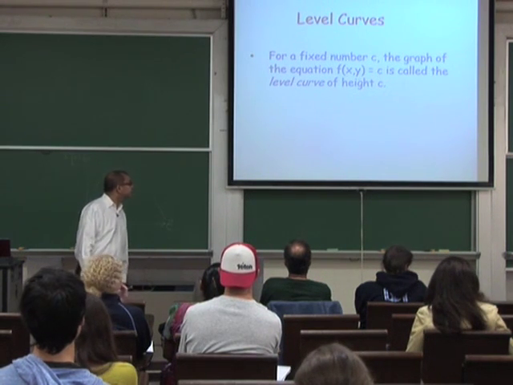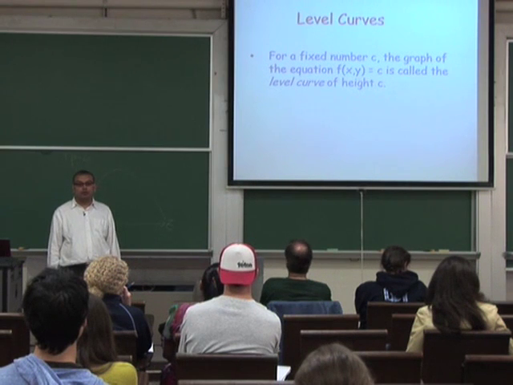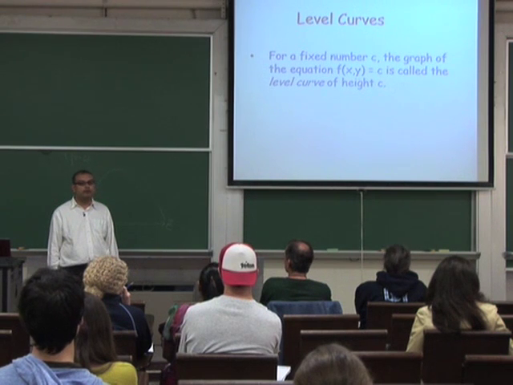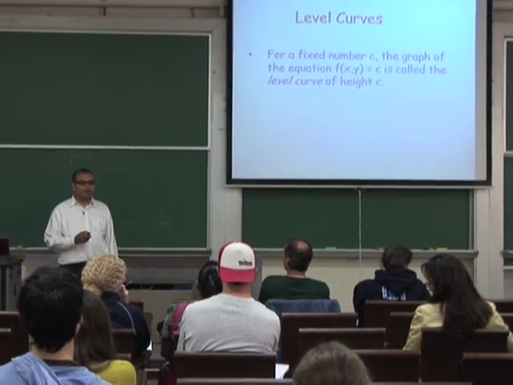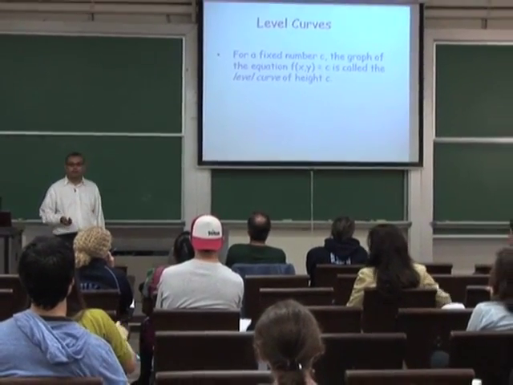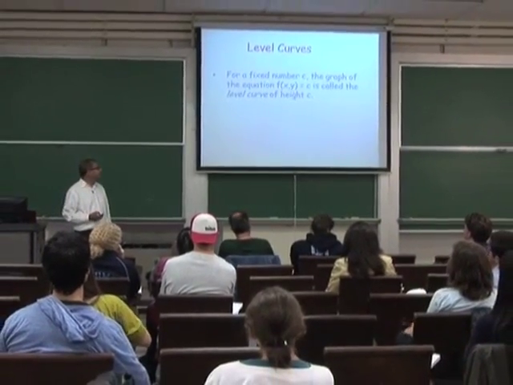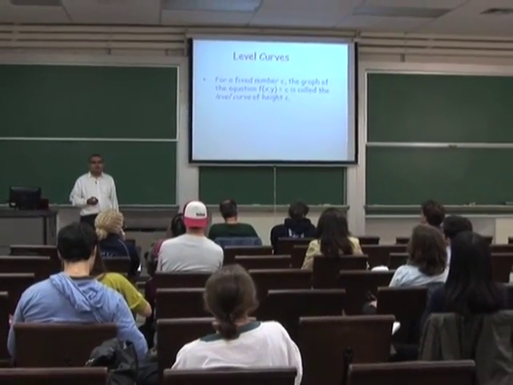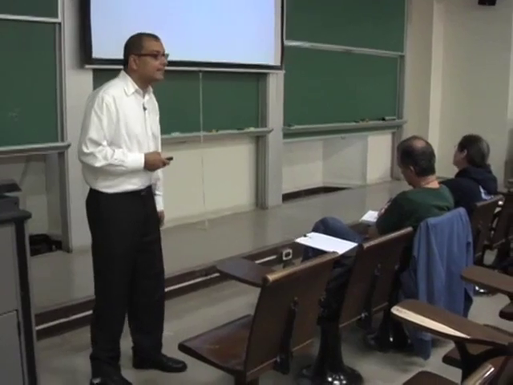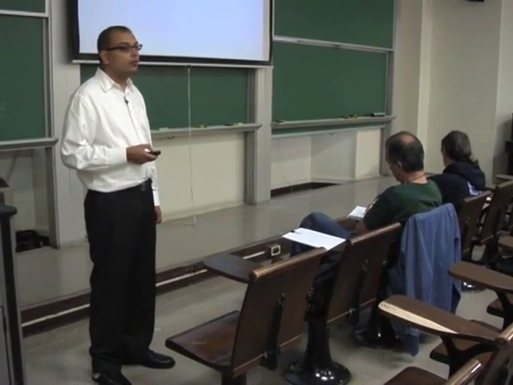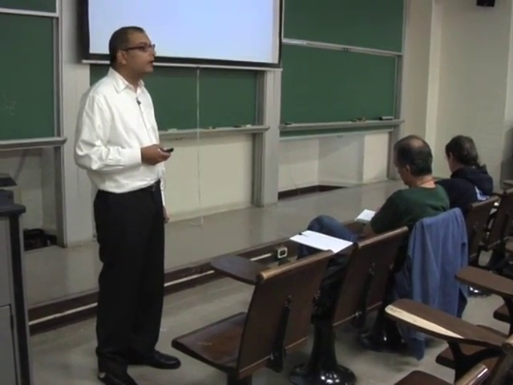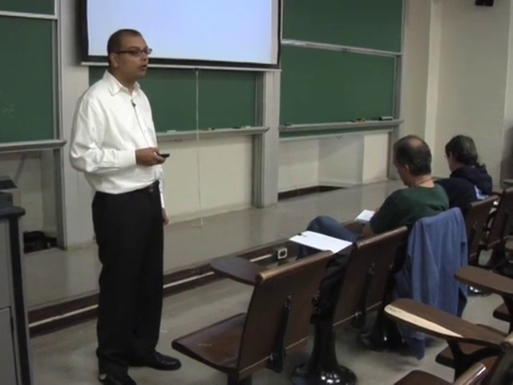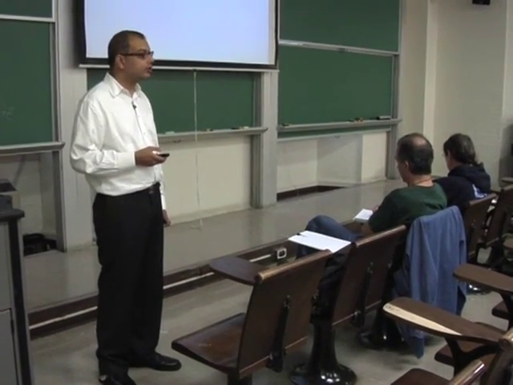Okay, level curves you've all met before, I'm sure. Anybody know of a level curve that they are used to seeing? Okay, so you probably have not heard the term level curve before, but a level curve is a locus or a set of points which have the same characteristic, either on a Cartesian plane or on some other projection.